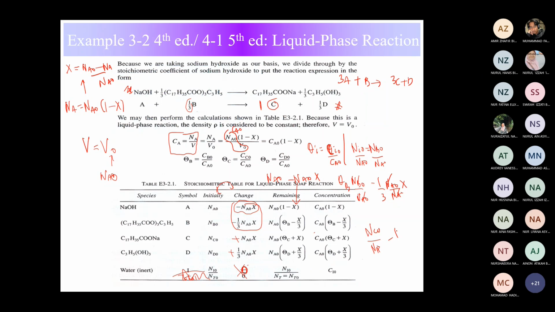Plus with the Na0X. Okay, sepatutnya dia kena Na0X ni sama ada you boleh buat letak sini atau you boleh letak atas kat luar sini pun boleh. Okay, so dalam sini dia letak kat luar. Okay, sebab sebenarnya dia letak kat luar sebab dia nak memudahkan kamu. NA0 over V is equals to CA0. Okay, so at the end dia akan jadi benda alah ni.